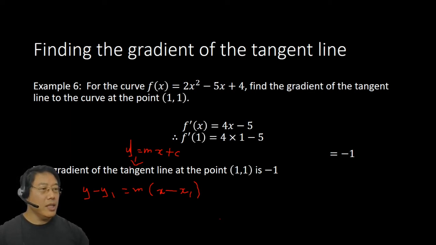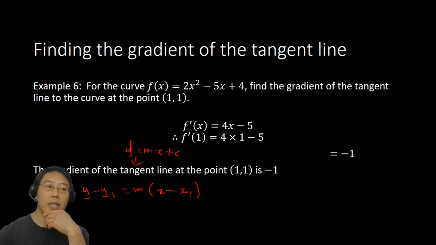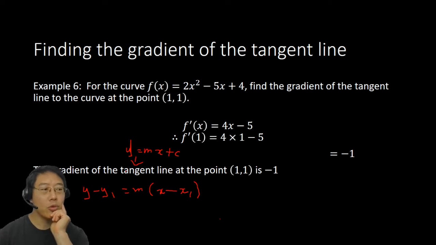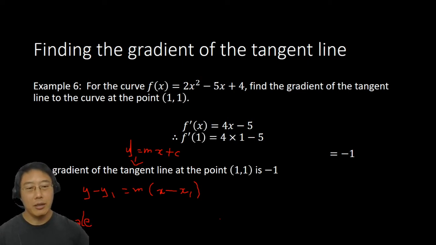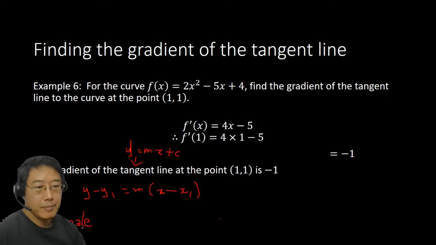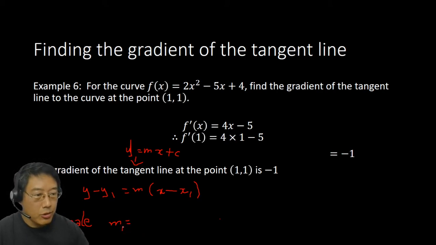Now if you have the tangent, can you tell me the gradient of the normal to the tangent at that point? Let me type it in, the normal. What's the gradient of the normal? Normal, it's spelled with an E. So what's its gradient? With a capital N, that's usually the notation.